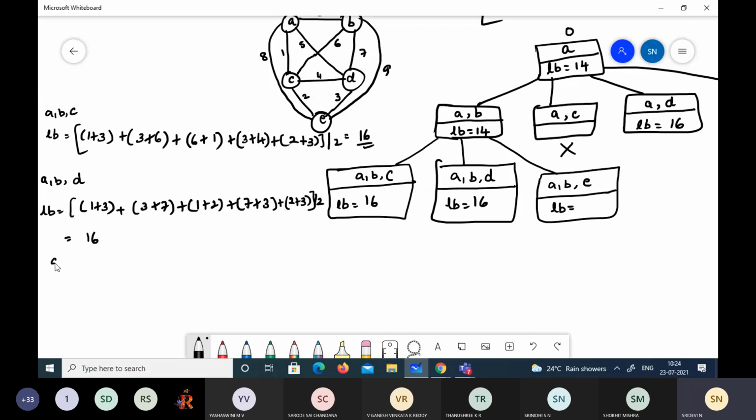In the same way with E, A, B and E. Lower bound. So 3 is already fixed. So from A to B, 3 is already fixed, and we can check. We will take smallest 1 plus 3. Now from B, 3 is already fixed. Now which path am I taking? B to E. Here I have 9.